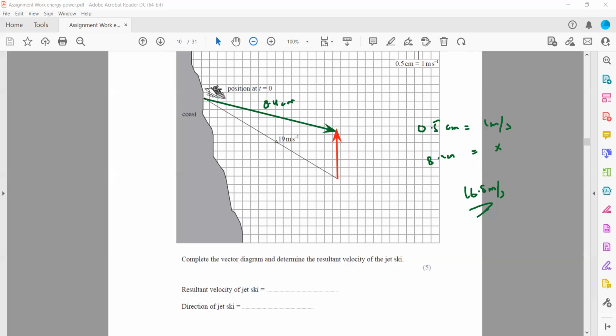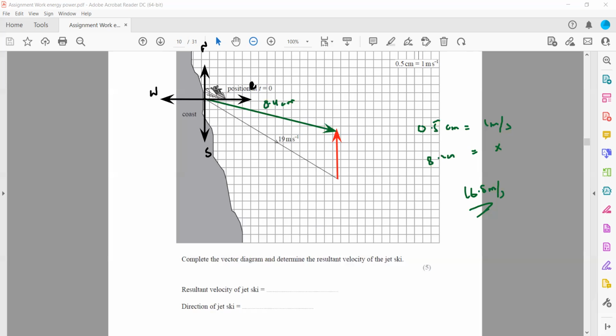Then what about the angle? We can measure the angle here. This one is north, south, east, west.